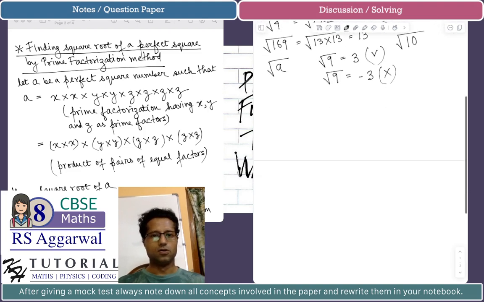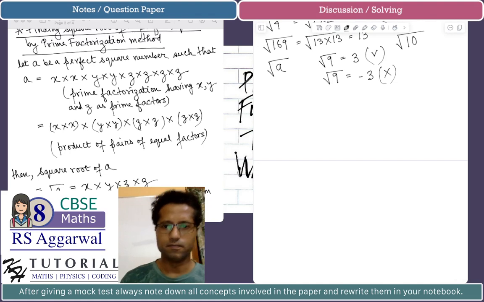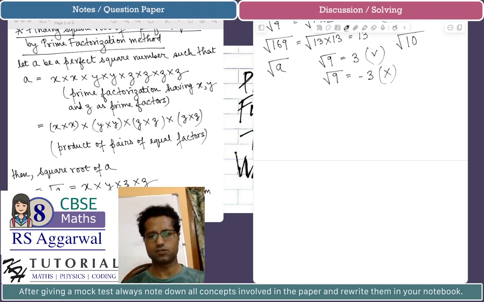In the notes, as you can see, let A be a perfect square number such that A can be expressed as x into x into y into y into z into z into z into z. All these are its prime factors. So basically, I have found the prime factors of A and written them all down.